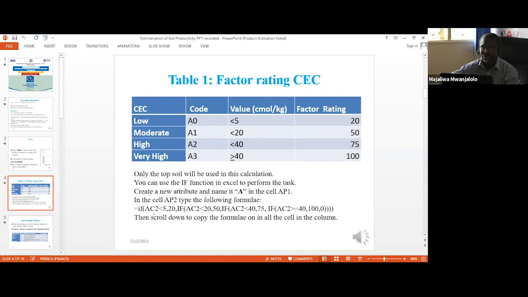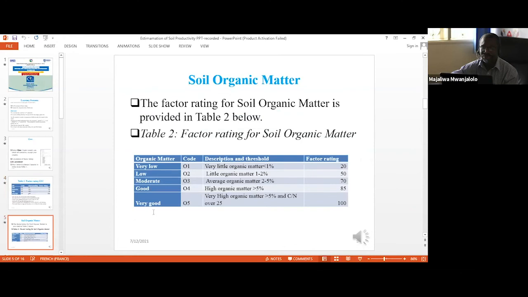Once you have copied it and you say enter, it will tell you if it is low, or moderate, or high, or very high. And then you copy that formula for the entire column.